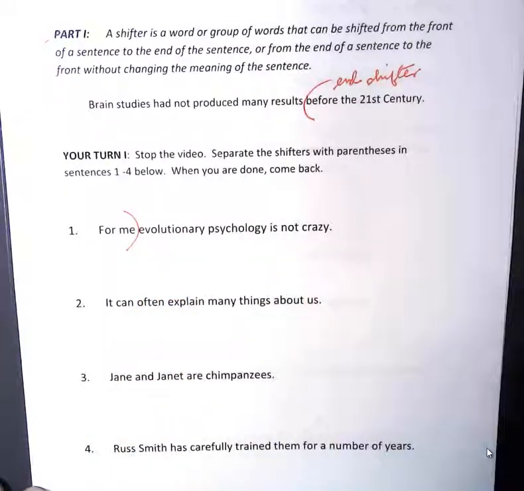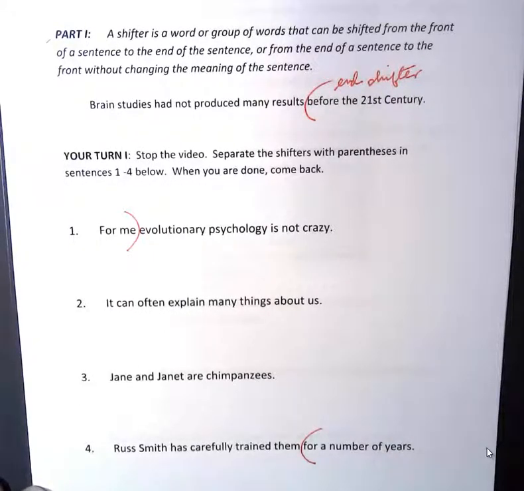For me, evolutionary psychology is not crazy. Evolutionary psychology is not crazy for me. It can often explain many things about us. No shifters. Jane and Janet are chimpanzees. No shifters. Russell Smith has trained them for a number of years. For a number of years, Russell Smith has trained them. Okay, so there's our shifters.